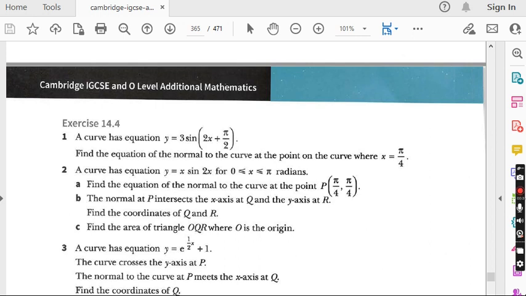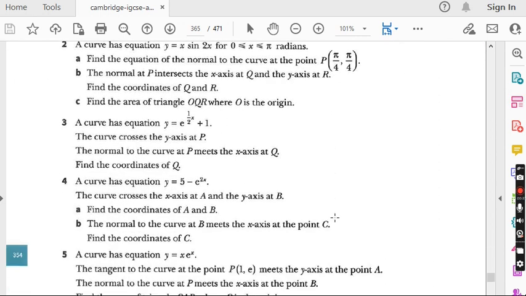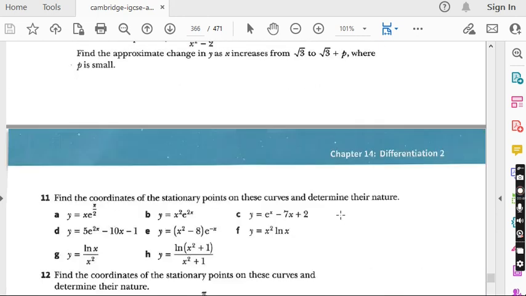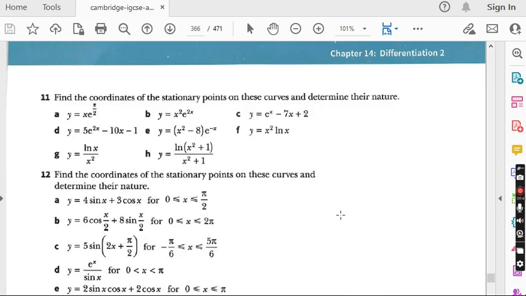Students, in last lecture we did question number 10 from exercise 14.4, and the topic of this exercise is the sum of all concepts of chapter number 12 and exercise 14.1 to 14.3.